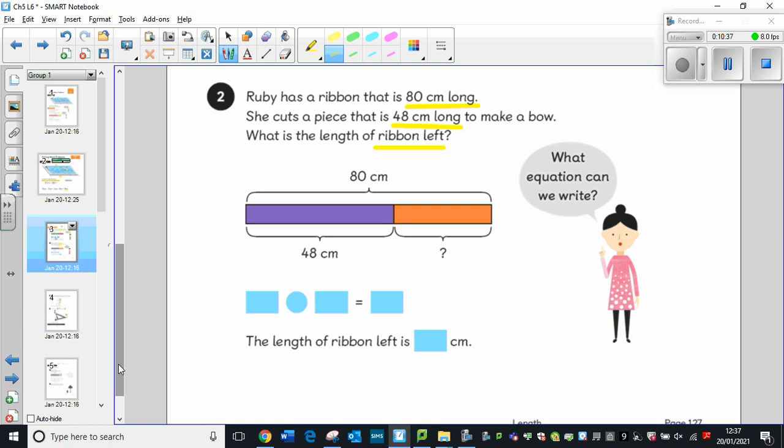So what I'd love you to try and do is see if you can come up with the equation, which means the number sentence, of what we would do to find out our answer. And then when you think you've been able to calculate it and figure it out, you can come back and we'll see how you did.